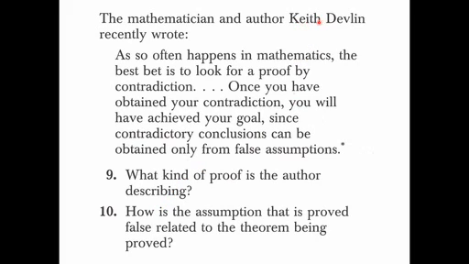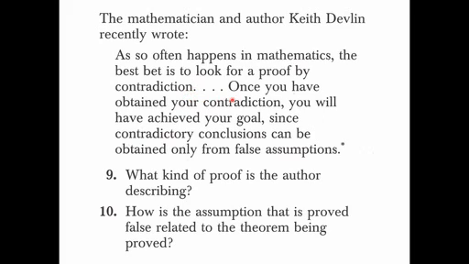We have Keith Devlin up here, a mathematician and an author. And here's what he said. As so often happens in mathematics, the best bet is to look for a proof by contradiction. That word should make you think indirect proof.